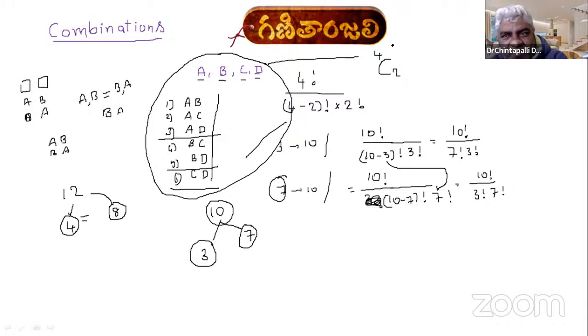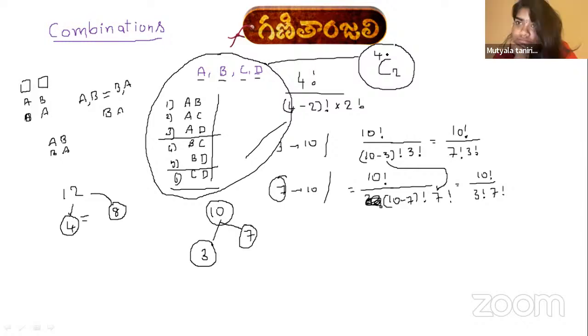C means selection, the first letter of combination. 4C2 means selecting 2 things out of 4 things. Likewise, 10C3 is also equal to 10C7.